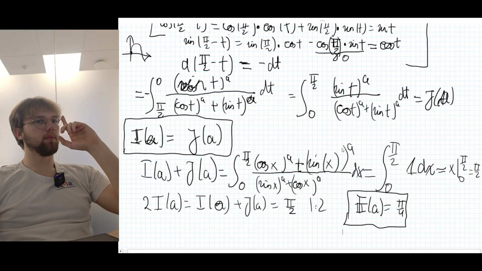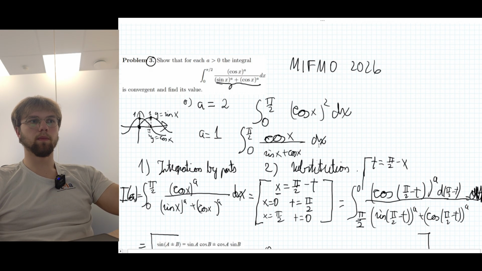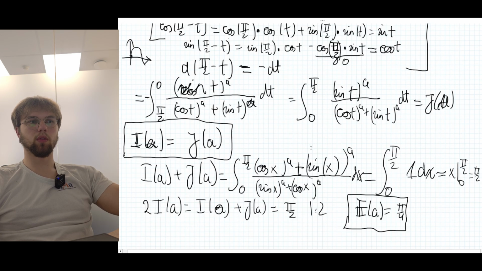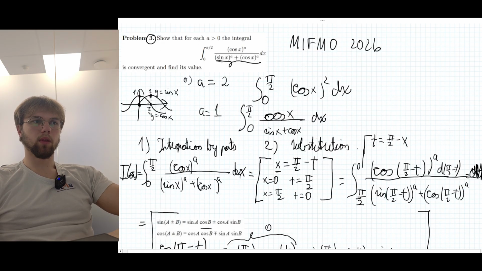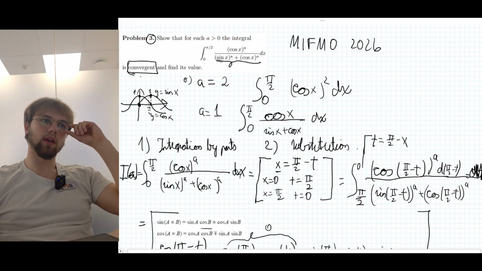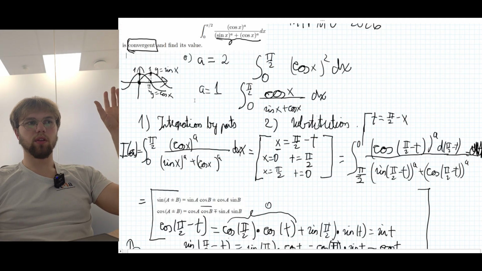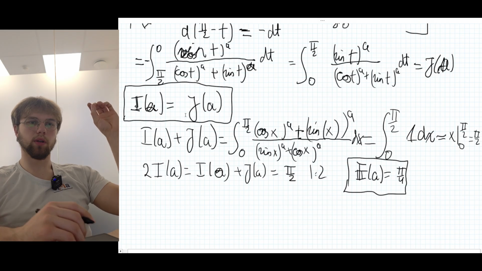But it looks like we've shown everything, right? We've proven everything. Not really. We haven't done anything about the convergence. And even though it seems super intuitive that it's convergent, we still need to show it.